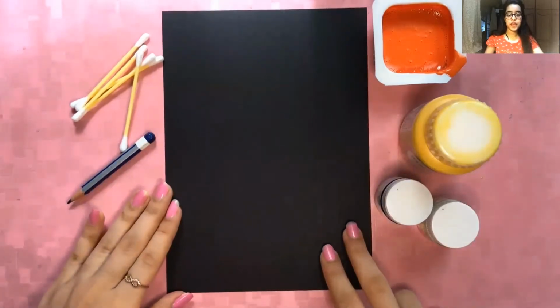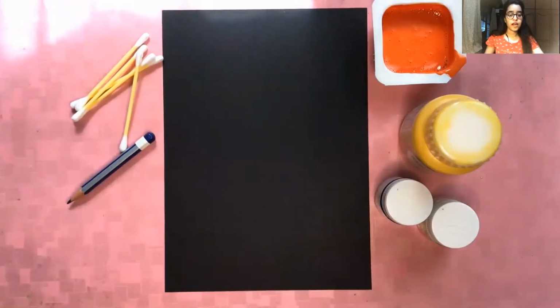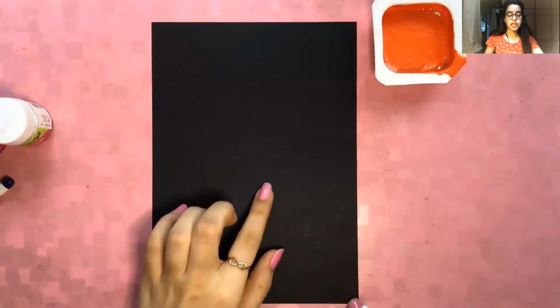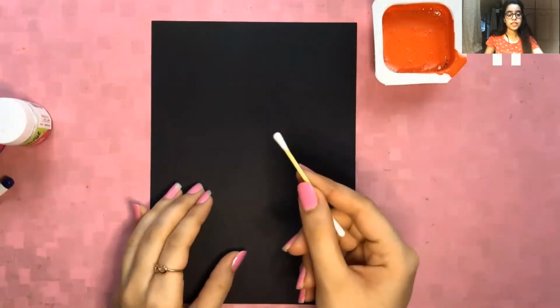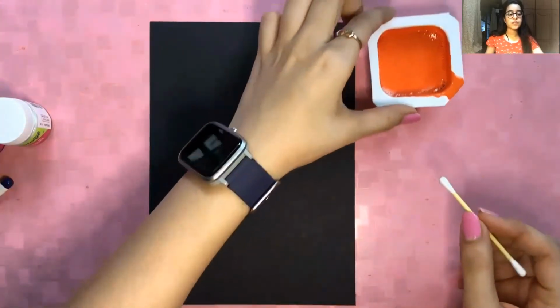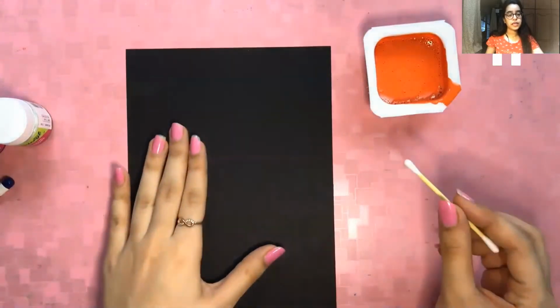Okay, so just the first thing, that's the black tinted paper. Take one of your earbud, just a single one earbud, and I'm making use of this orange paint now. Again, as I said, in case you don't have an orange paint or orange acrylic color, you can make use of a red color as well, or you can make your own orange color by mixing red and yellow acrylic paints.